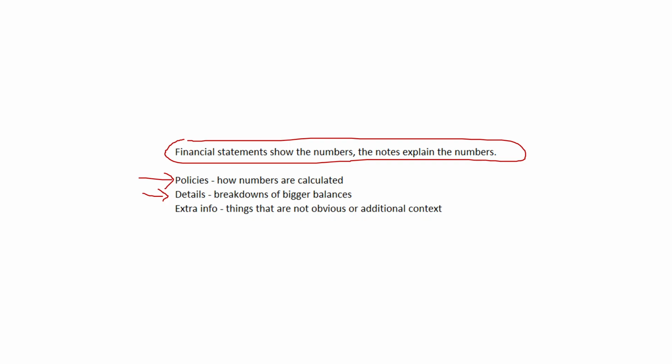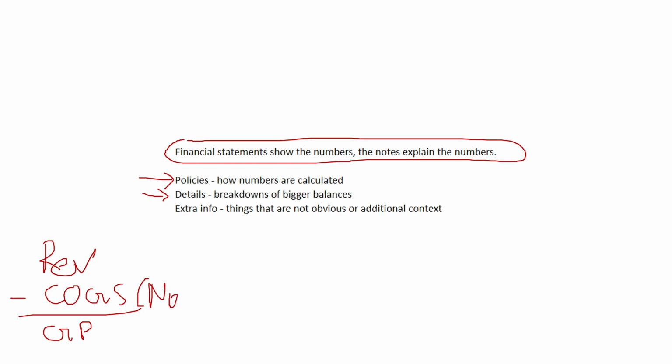Usually it's just a one-liner, but it could break it down. Going back to the lemonade stand example, on this income statement, there could just be a one-liner: you have revenue, and then you have cost of goods sold, and then you have gross profit underneath. It'll just show it in one line. But then it'll always refer to a note, like note 1.